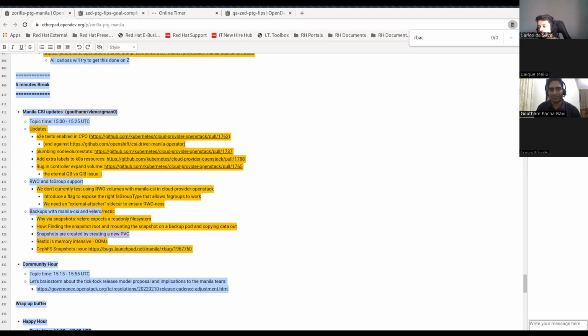So by default, we expect the exports to be set up with no squashing. So these file system permission changes and such are just ignored in a sense by the NAS backend.